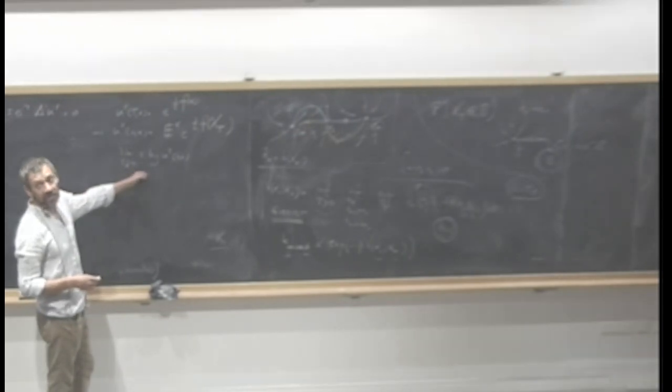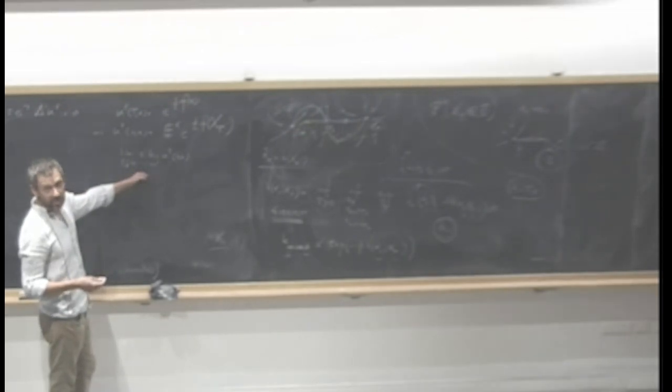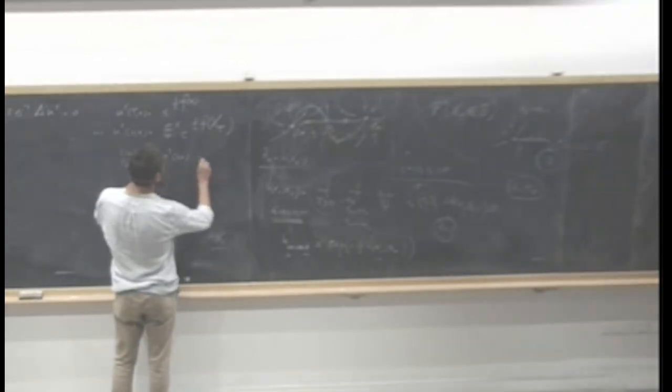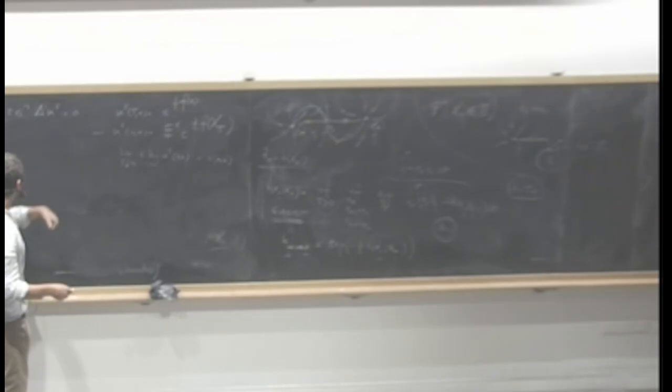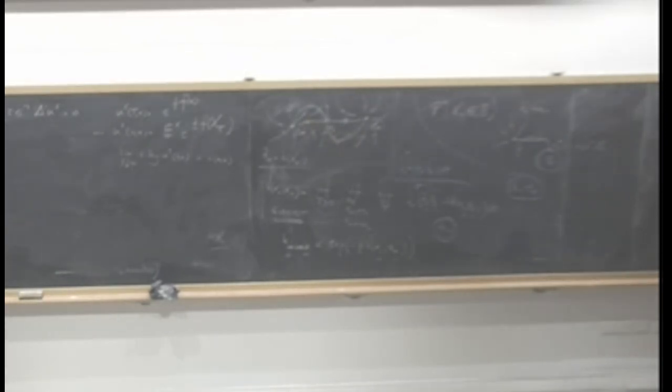So if we know that this limit exists, let's try to deduce what it is. Let's call this v of t, x. To do that, let's just change variable here. What I'm doing is something you're also very familiar with. It's a WKB type expansion. Let's do that.